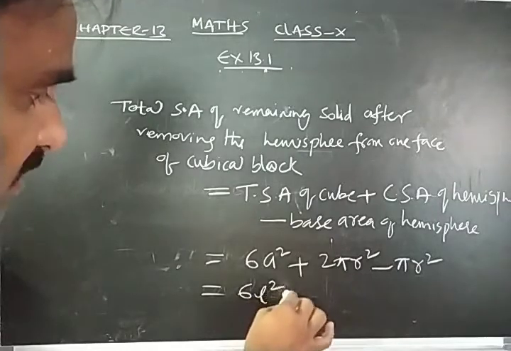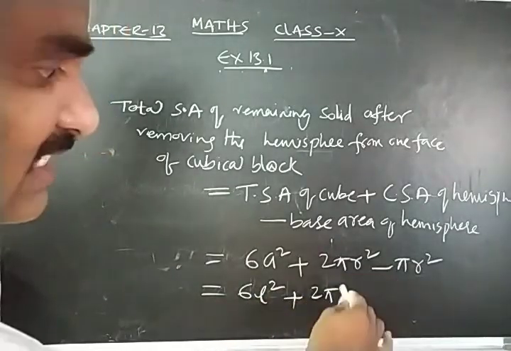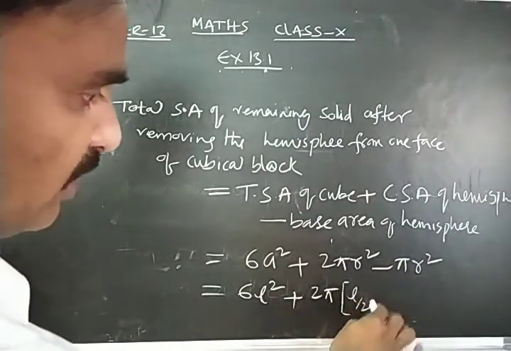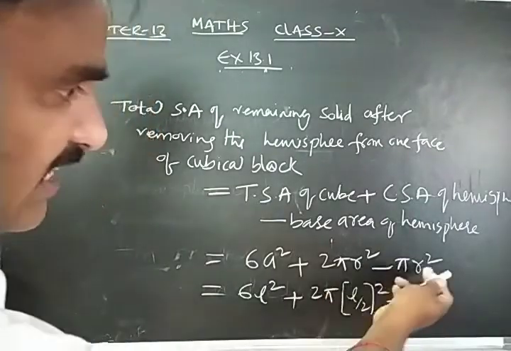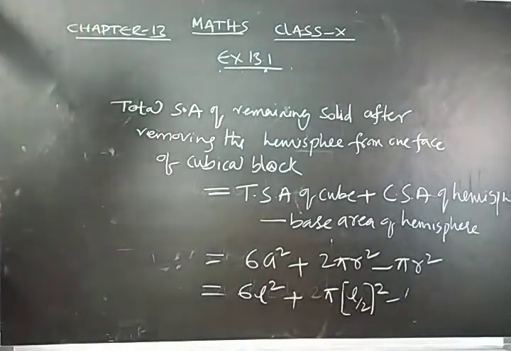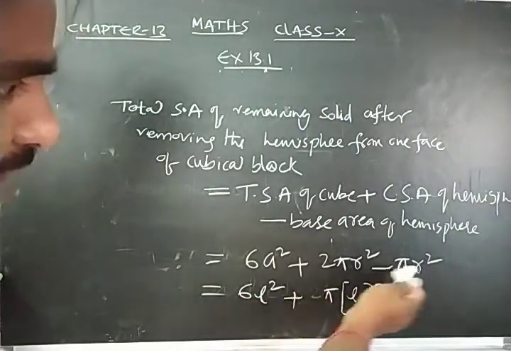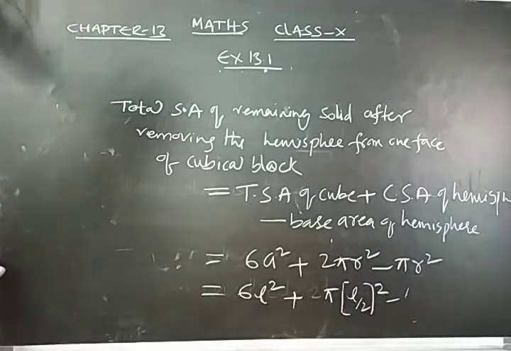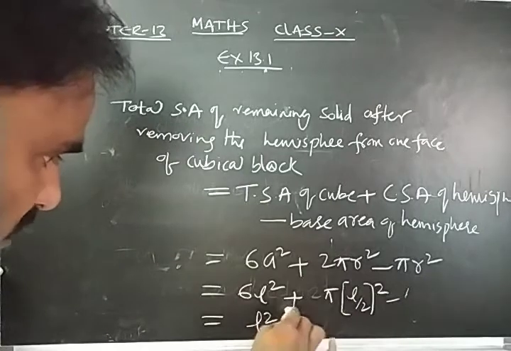So 6L squared plus 2 pi, where r is the radius of the hemisphere. Already L is the diameter, so the radius is L by 2, whole squared, minus pi r squared. In place of r, I substituted L by 2. Now simplify. I am taking L squared outside.